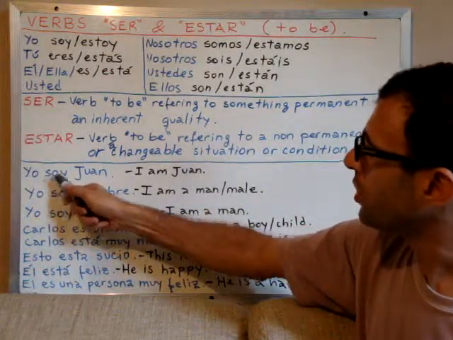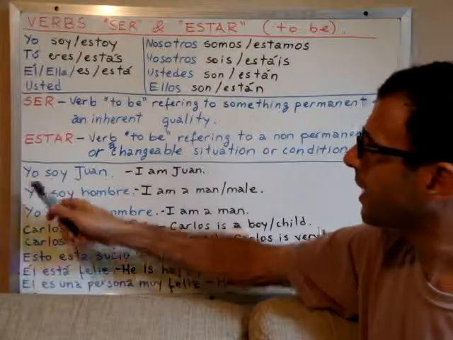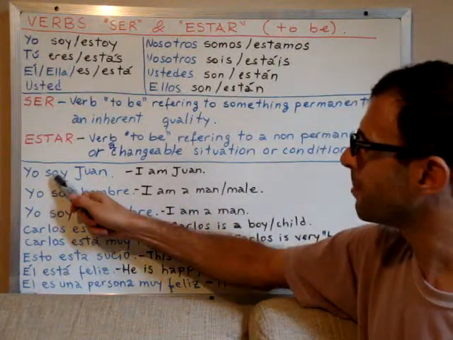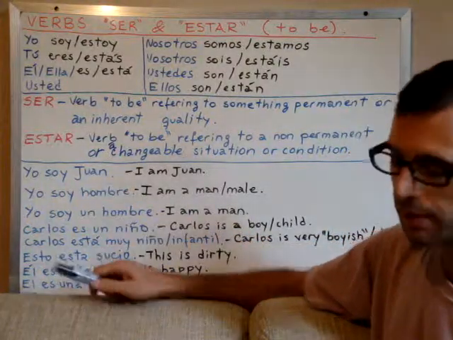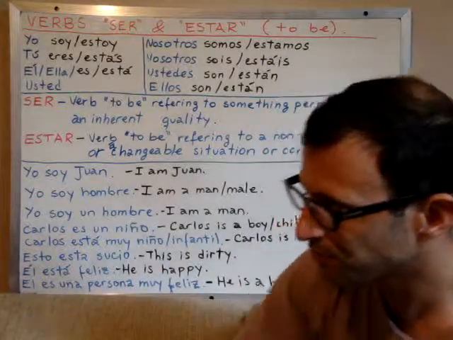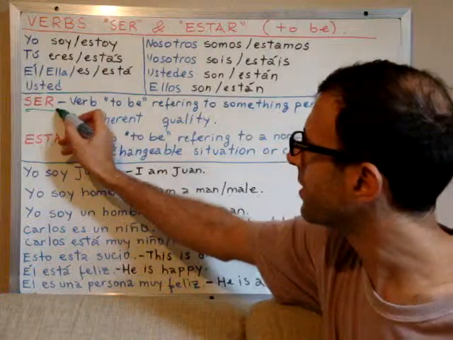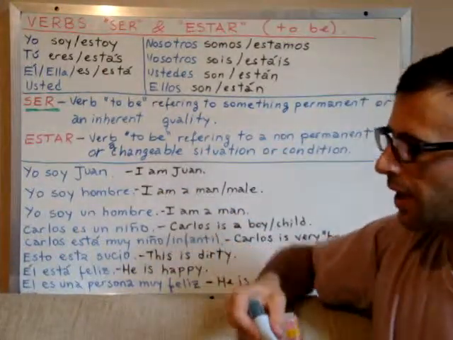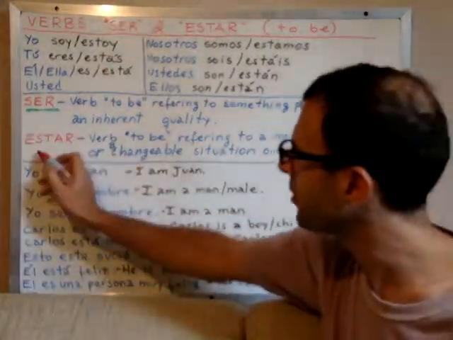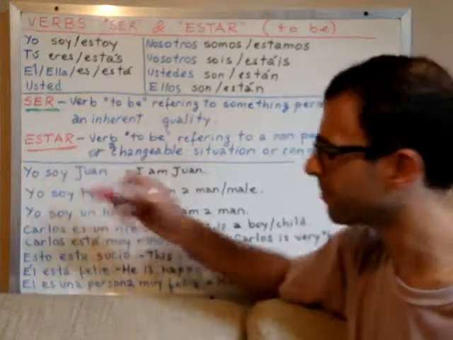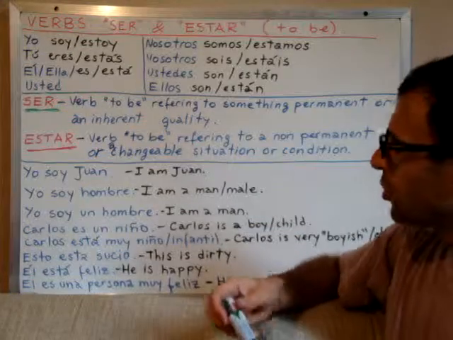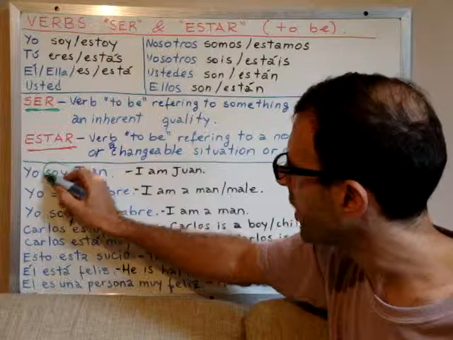Yo soy Juan. This means I am Juan, right? Let's mark green for verb ser and red for the verb estar, okay? Yo soy Juan.